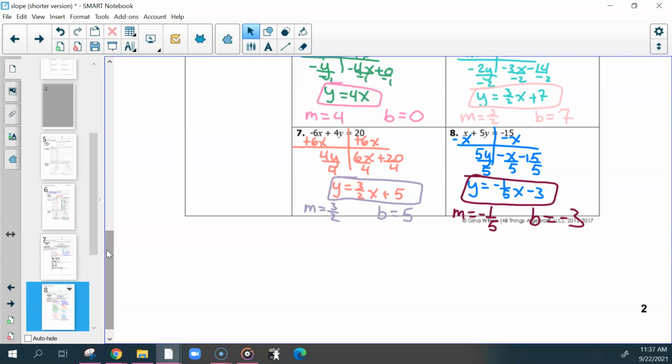If you put 6 divided by 4 in your calculator and got 1.5x, that would work too. But I would say leave it as a fraction.